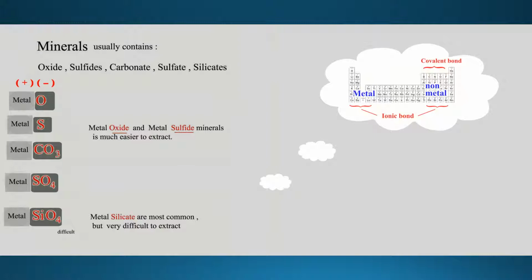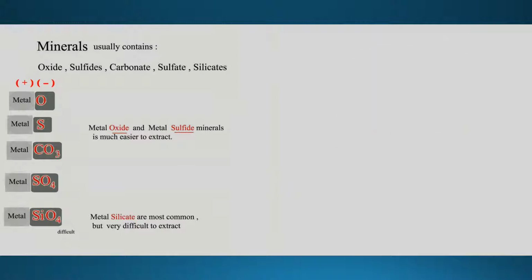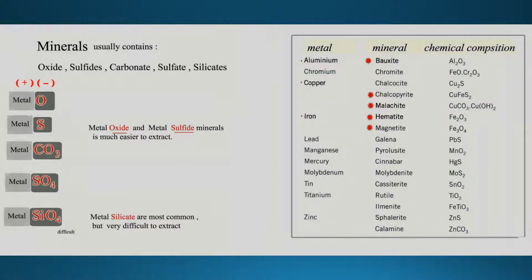So how plentiful are these minerals with ionic bond? Let's see. The most plentiful is the metal oxide. And I highlight on the table, you see, they all contain aluminum oxide, iron oxide. So this is the common.